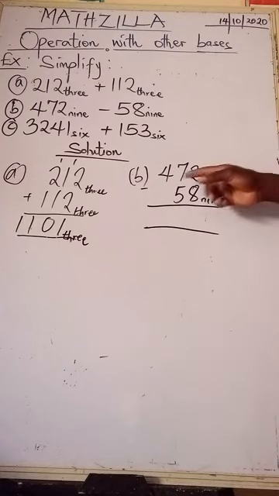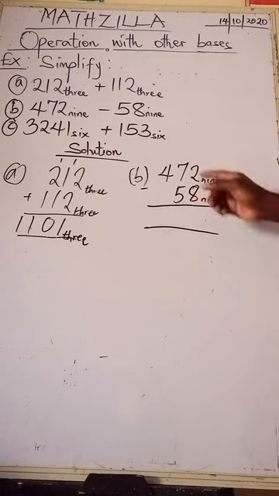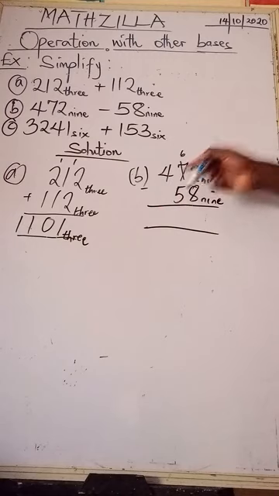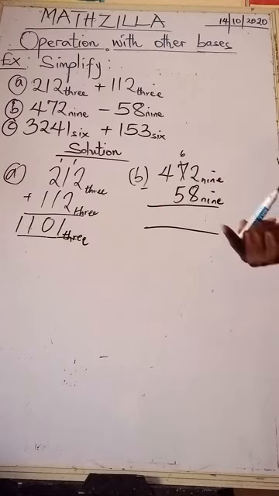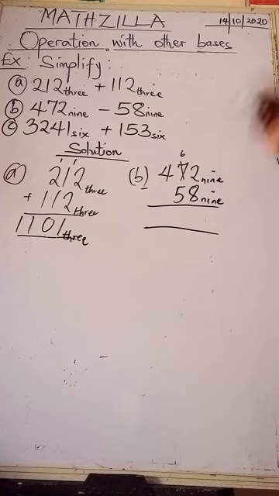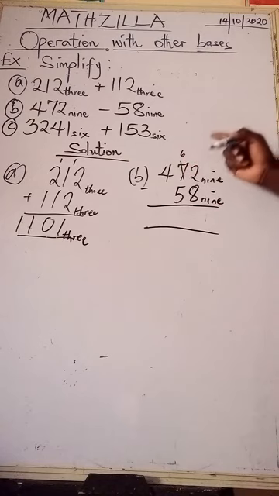Now, 2 minus 8 is not possible. So you borrow 1 from here, remaining 6. Now, when you borrow 1 from here, if it is normal subtraction of numbers, you attach the 1 here, but you don't do that. When you borrow 1, anything you borrow is equivalent to the number base. So since this is base 9, if you borrow 1 here, that 1 is equal to 9.